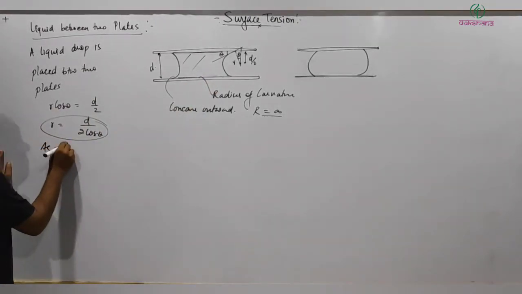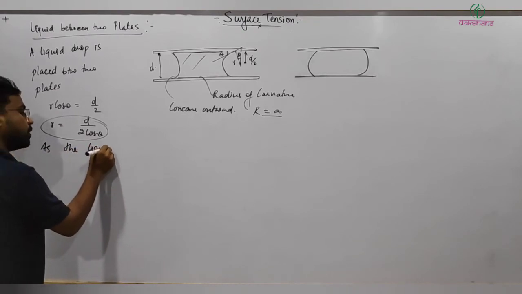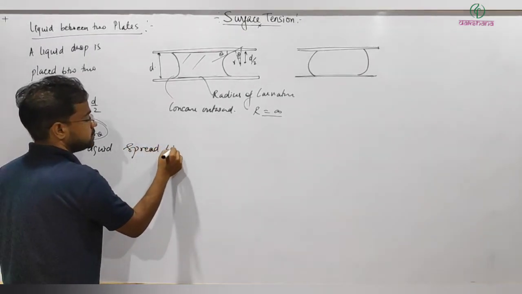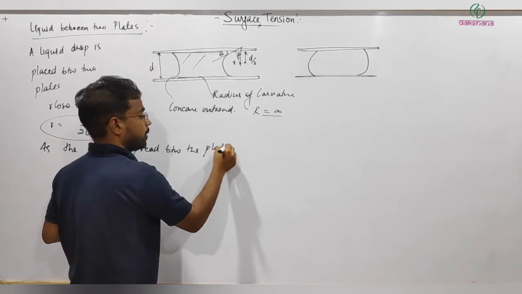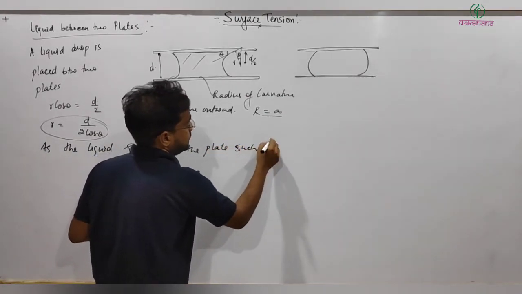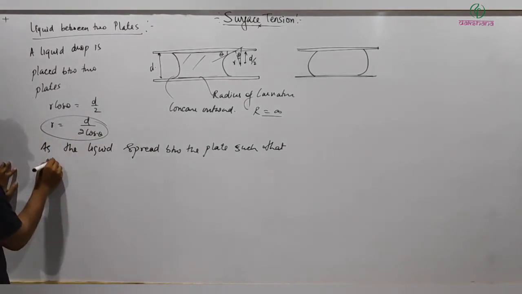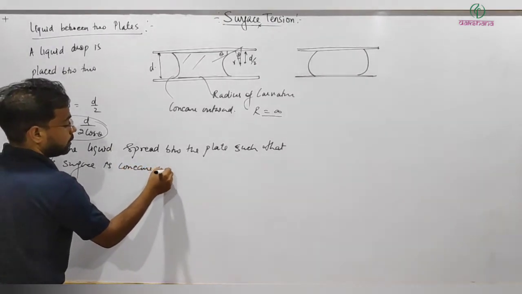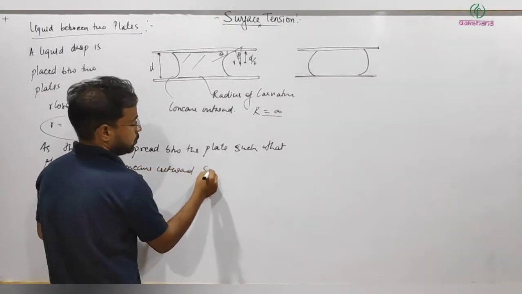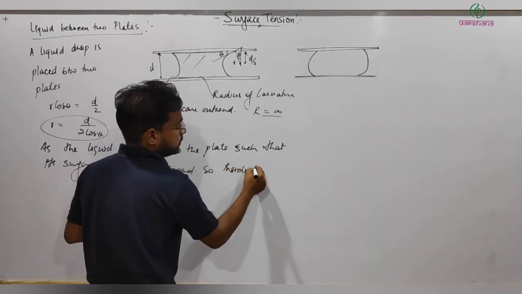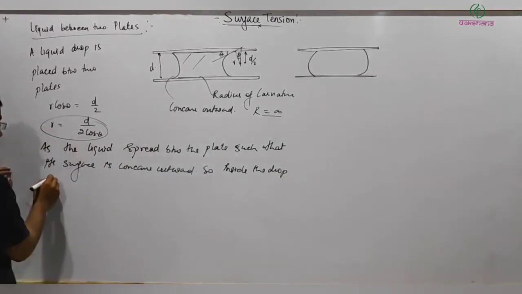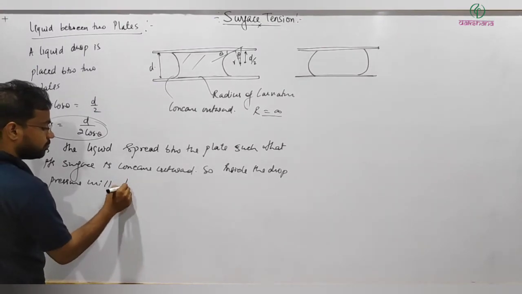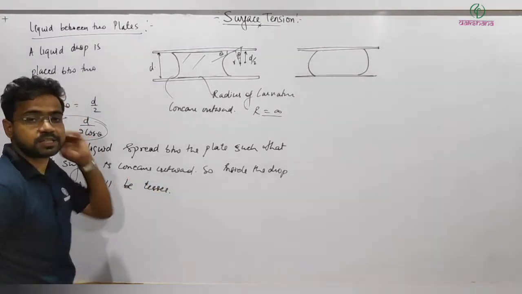As the liquid spreads between the plates such that its surface is concave outward, inside the drop the pressure will be lesser. There will be excess pressure outside.